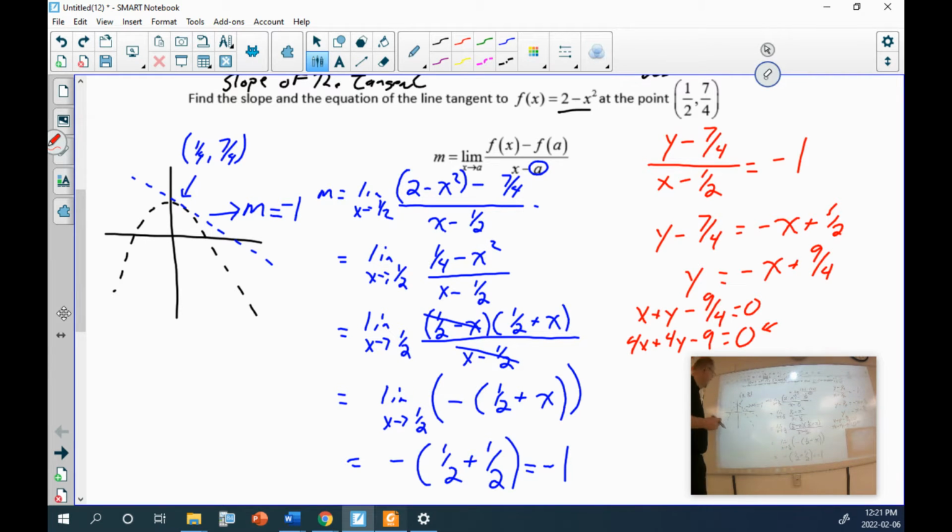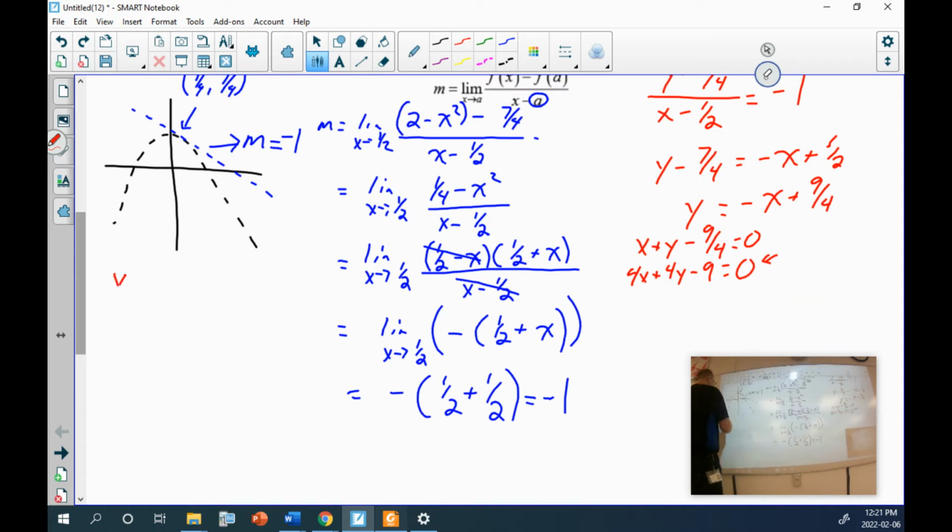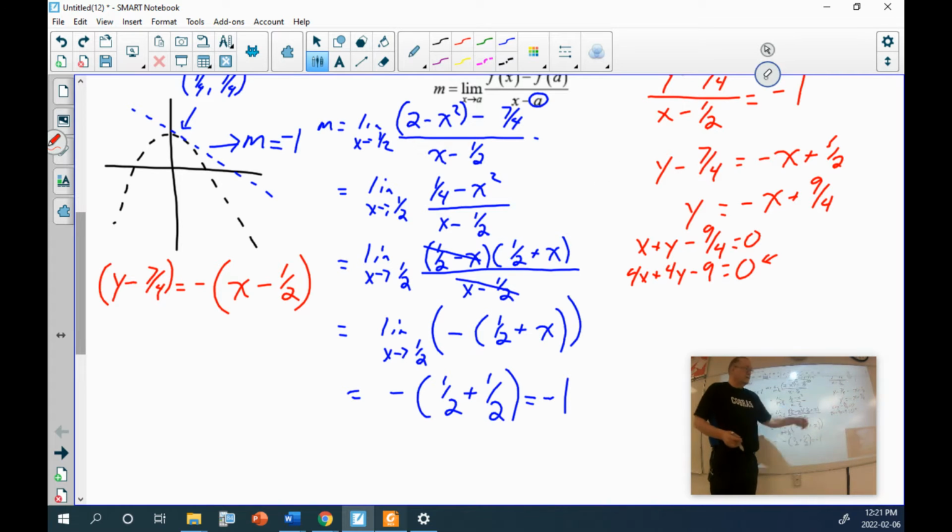I believe one of the things that she does is y minus 7/4 is equal to negative (x minus 1/2), which is exactly the same thing as I would have done here. I don't remember what the term is called, but it's just a different form. I happen to like fractions. There are a couple different ways. That's the way I like to do it.